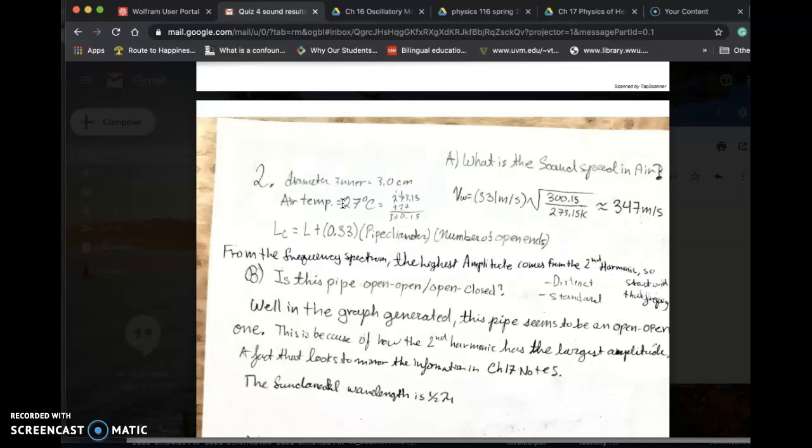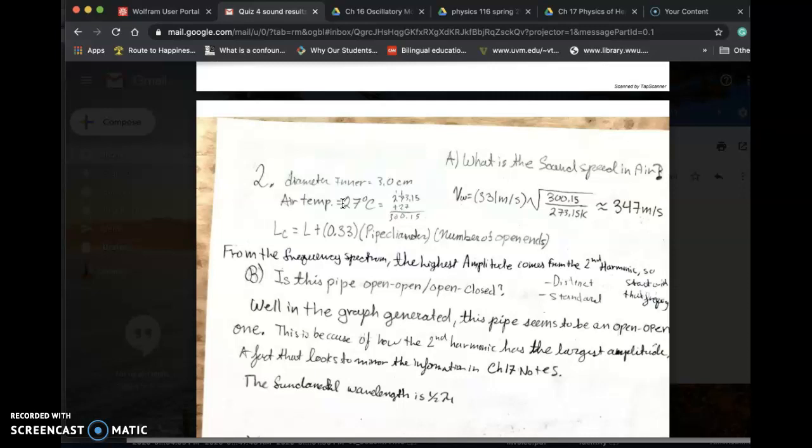To get the temperature in Kelvin, we take 27 degrees Celsius and add 273.15. Our end result is 300.15 Kelvin. And then the room temperature is 273.15 K. We do this together and we find that the velocity is 347 meters per second.